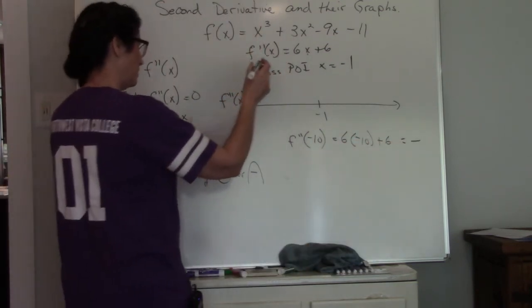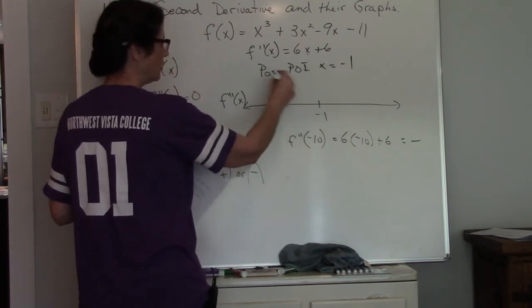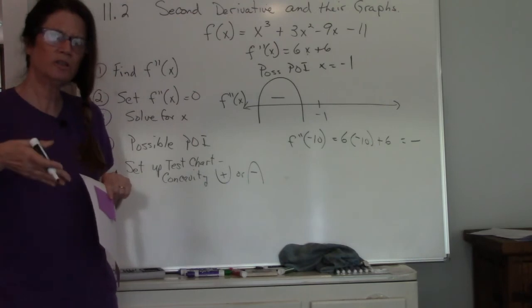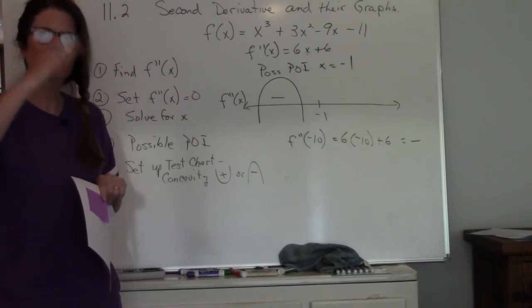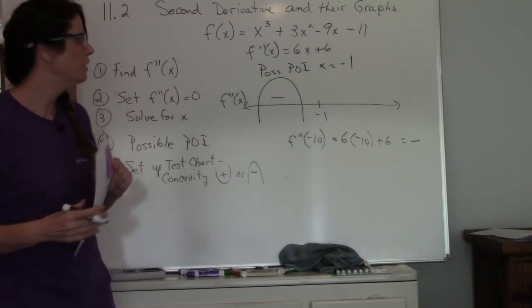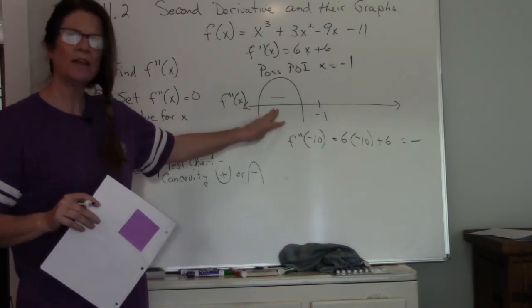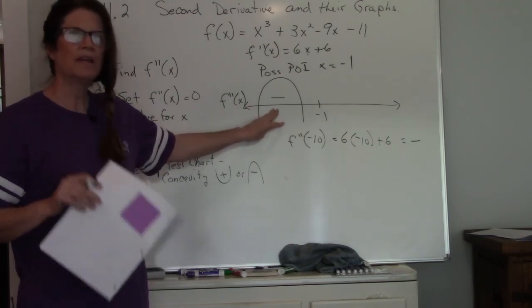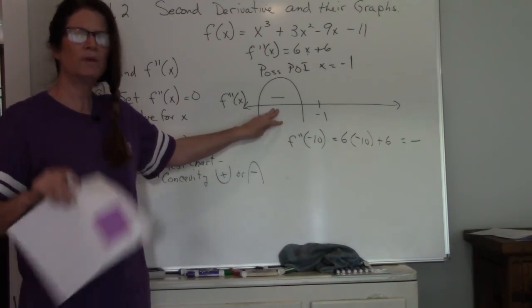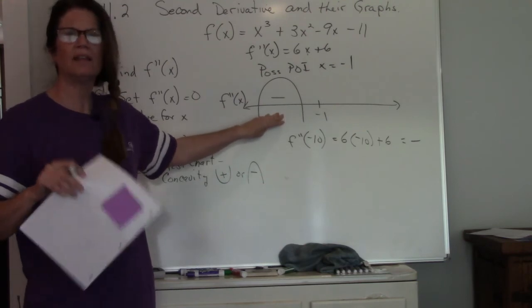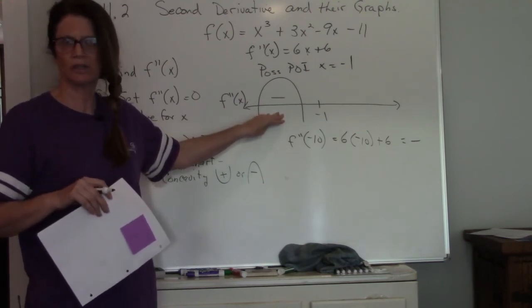So this interval has a downward curvature. In other words, it's concave down. Okay? Notice with second derivative, I'm using curves. I'm not using arrows anymore, because arrows indicate that the slope is increasing or decreasing. With second derivative, I'm indicating that the curvature is increasing or decreasing.